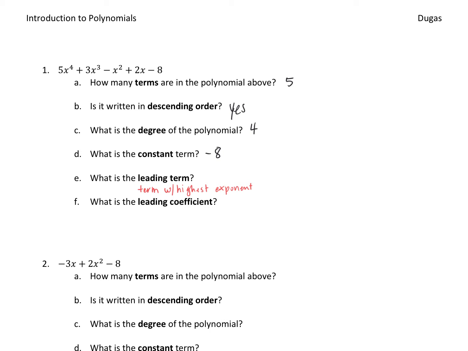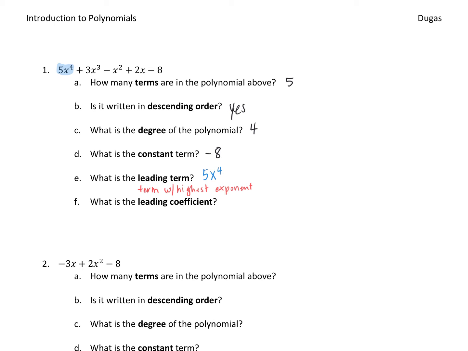So the leading term is 5x to the 4th. And in this case, it is the first one, and that's because it's in descending order. So the leading term is 5x to the 4th.